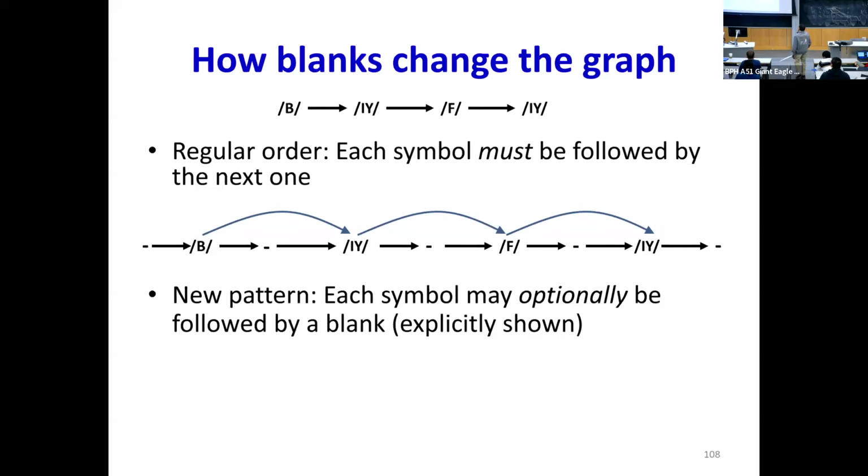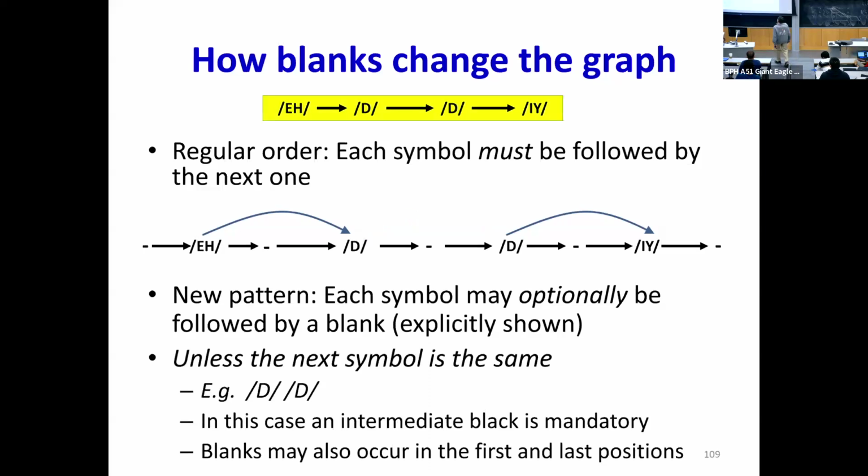On the other hand, if I have eddy, D cannot immediately be followed by a D again. You must go through the invisible symbol. Otherwise, you're going to collapse it and it becomes ambiguous whether you're saying EDY or EDDY, right?